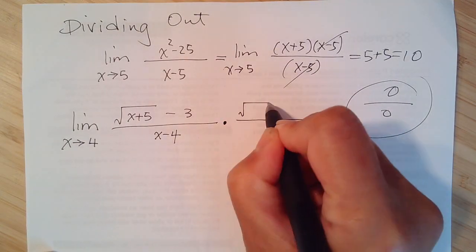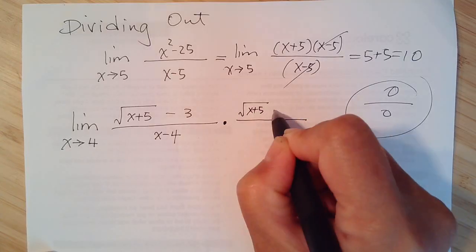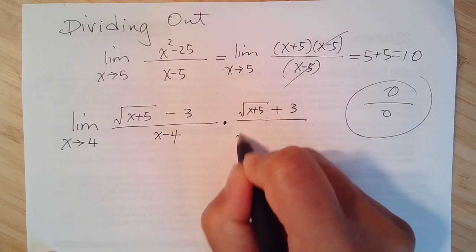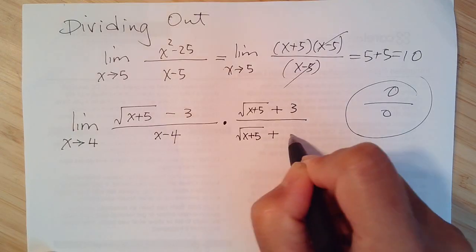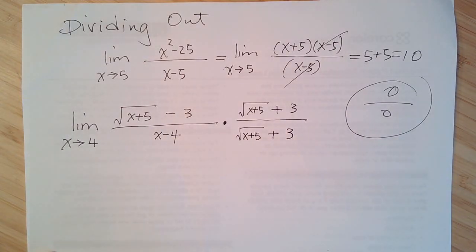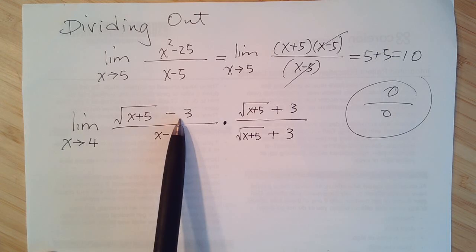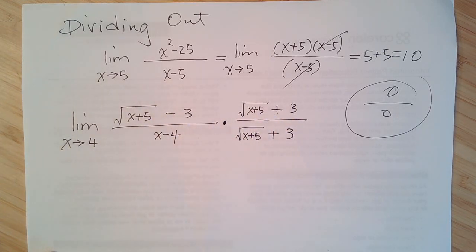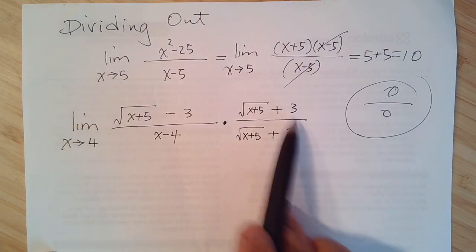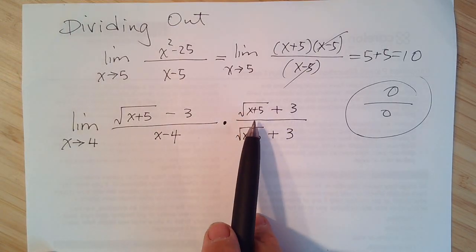It's going to be this, the square root of x plus 5 plus 3. And if you multiply by something on the numerator, you're going to multiply by the same thing in the denominator. So this is the square root minus 3. That's the square root plus 3. After you do this, you get a difference of 2 squares. The square root will be gone. So this method is called the rationalizing method.